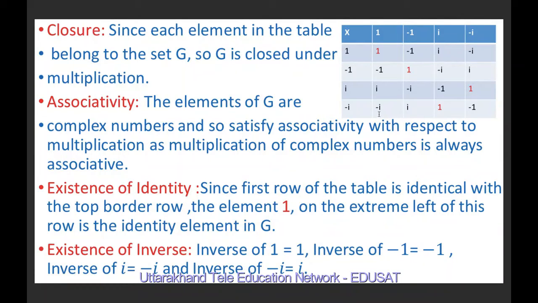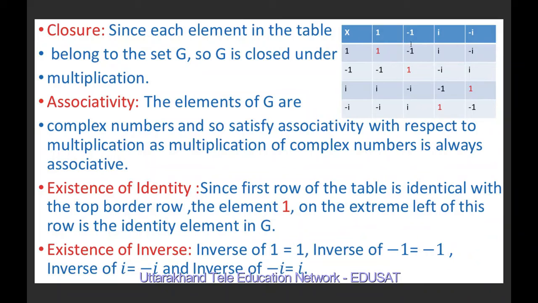To find the identity, we will see which rows are identical. See, the elements in the last row are minus iota, iota, 1 and minus 1. This is not identical with the top border row. Third row is also not identical with the top border row. Second row is also not identical with the top border row. Elements in the first row are 1, minus 1, iota, minus iota. So this row is identical with the top border row.